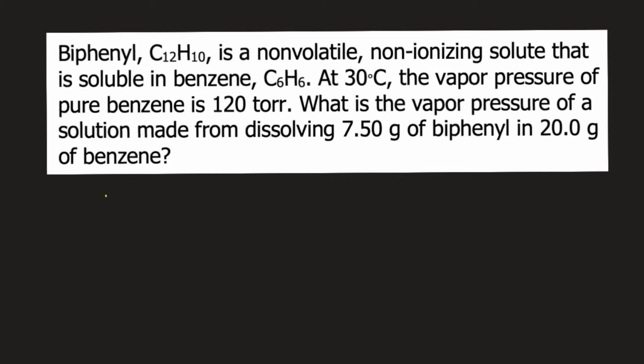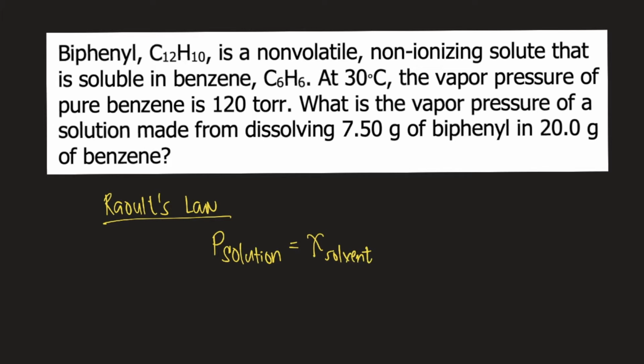So this problem involves Raoult's law. And the formula for Raoult's law is P of solution is equal to chi, the Greek letter chi, of solvent times P naught of solvent.